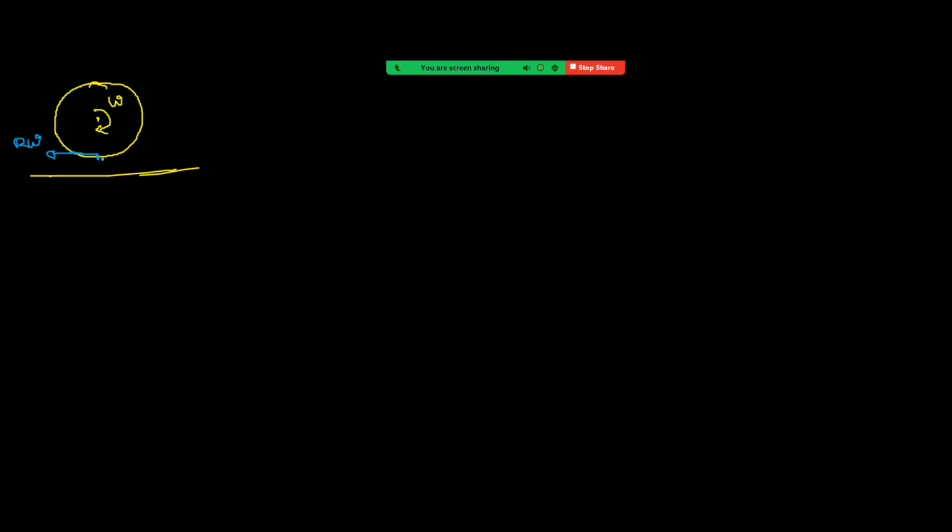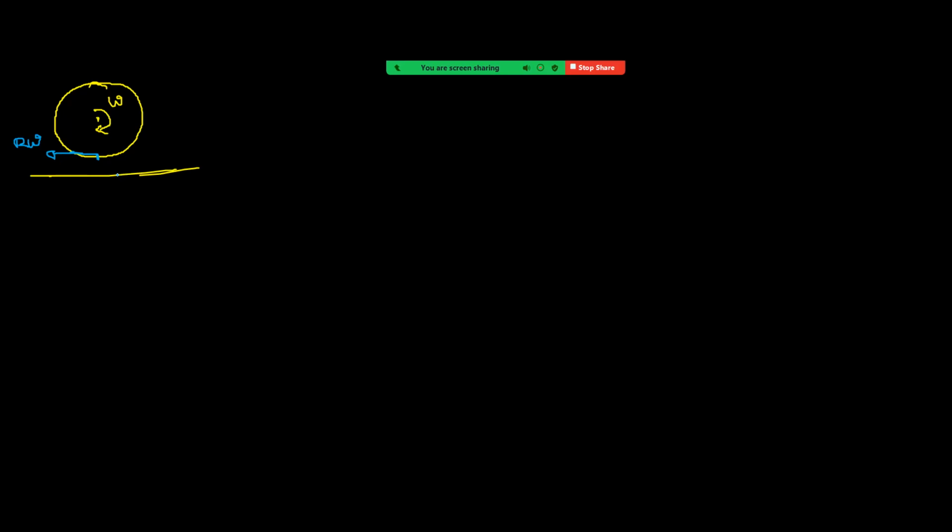That means it is now slipping. It has velocity backward, or you can say left side, with respect to the contact surface, because friction opposes relative motion. That means now the frictional force will be to the right side.